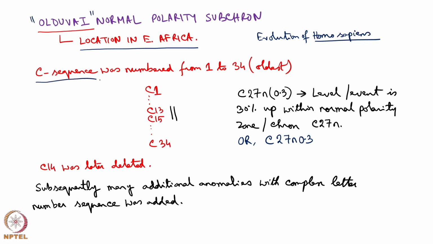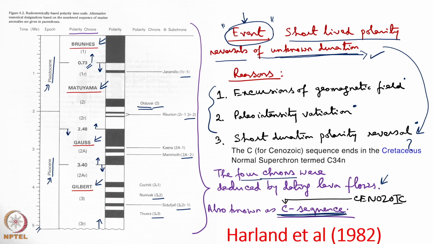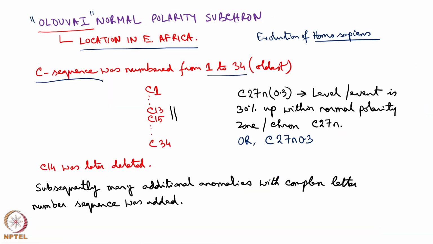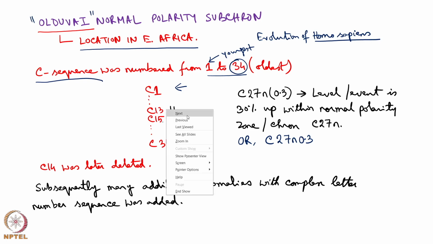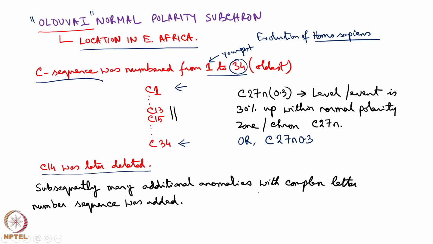The C sequence that we were discussing was numbered from 1 to 34. Here 34 is oldest, 1 is youngest. So, in the succession C34 is at the bottom, C1 is at the top, and if you look at the magnetostratigraphic chart you will find after C15 we get C13; C14 is not present because in later studies C14 was deleted and overlap was found.